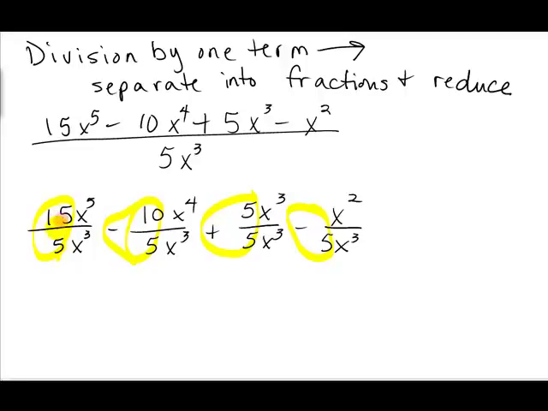So 15 over 5 is 3. That's a whole number. The quotient rule said I could subtract, so 5 minus 3 is x squared. 10 divided by 5 is 2. 4 minus 3 is x to the 1, and we don't put it.